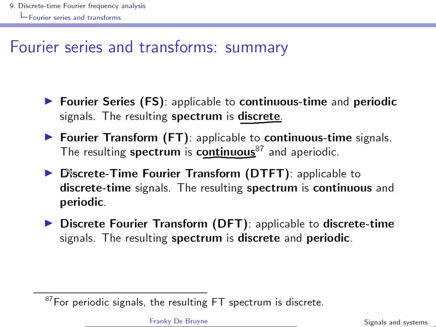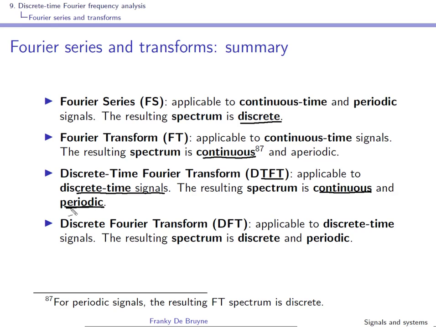What we've done in this section is discretize time, and we obtained the discrete time Fourier transform applicable to discrete time signals, but the variable frequency is still continuous, and the spectrum becomes periodic. This is because we sample, right?